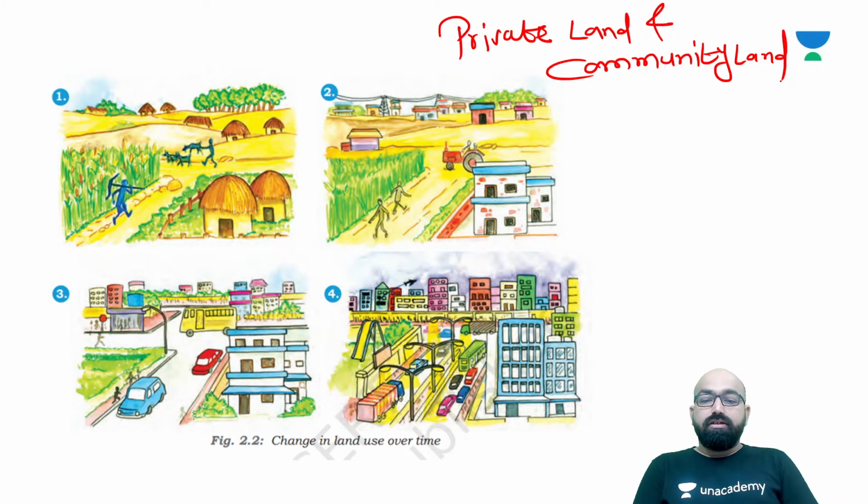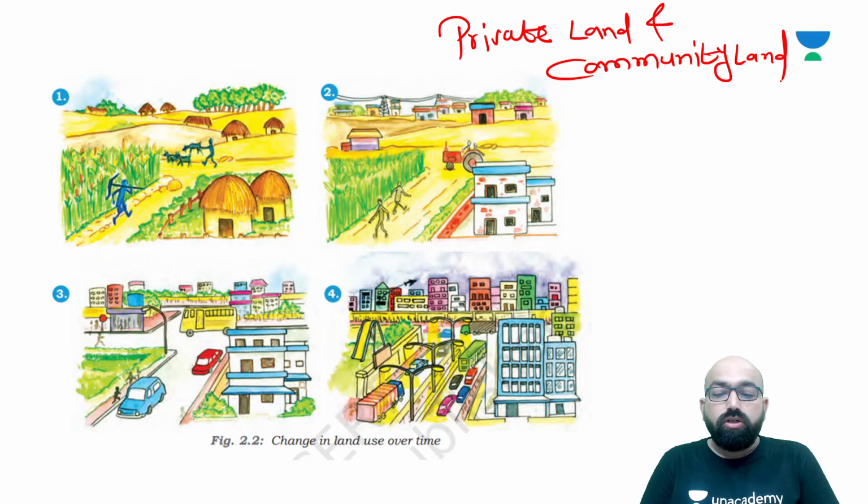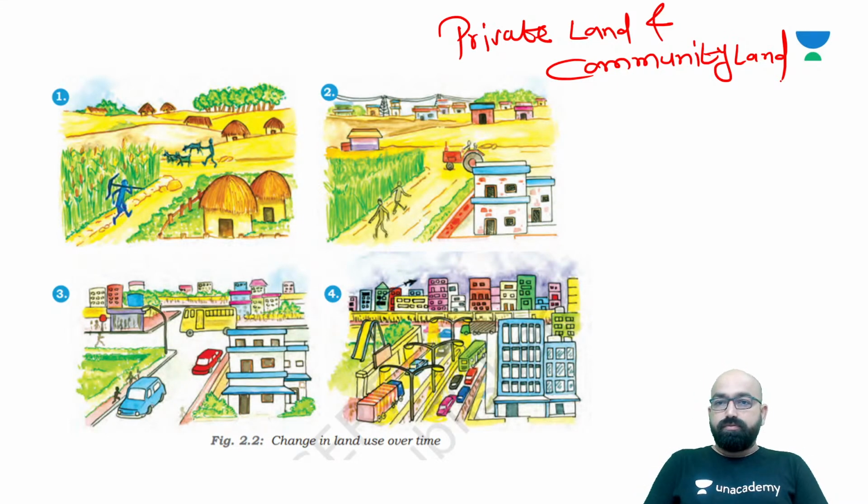So these community lands are also called common property resources.